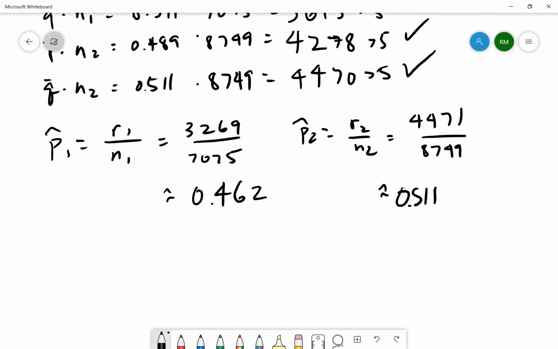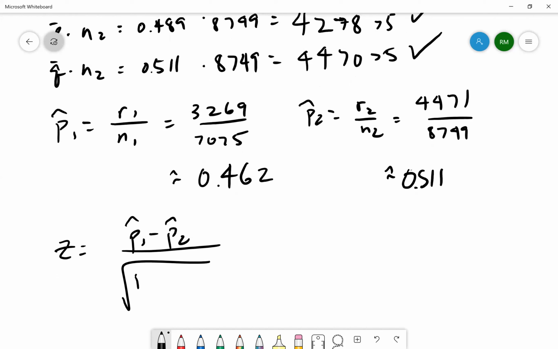Okay, so to calculate our test statistic, we do P1 hat minus P2 hat over the square root of P bar times Q bar over N1 plus P bar times Q bar over N2.